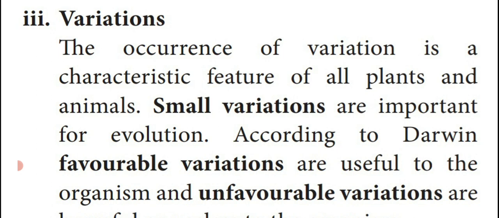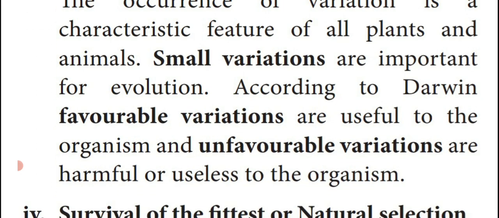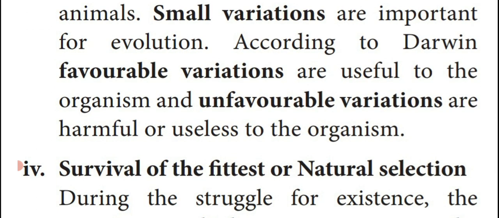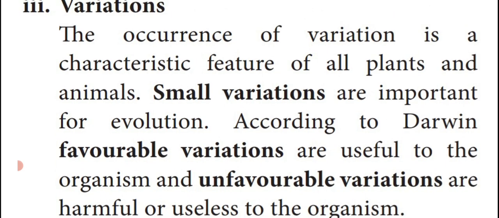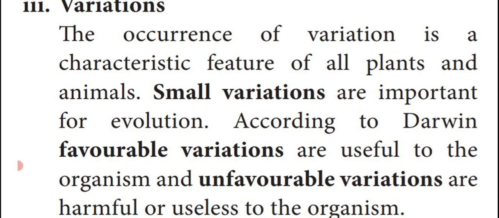favorable variations are useful to the organism and unfavorable variations are harmful or useless to the organism. That means a change which occurs in the organism, if it is favorable to the organism, that variation is useful to the organism. Some changes are not useful to the organism.